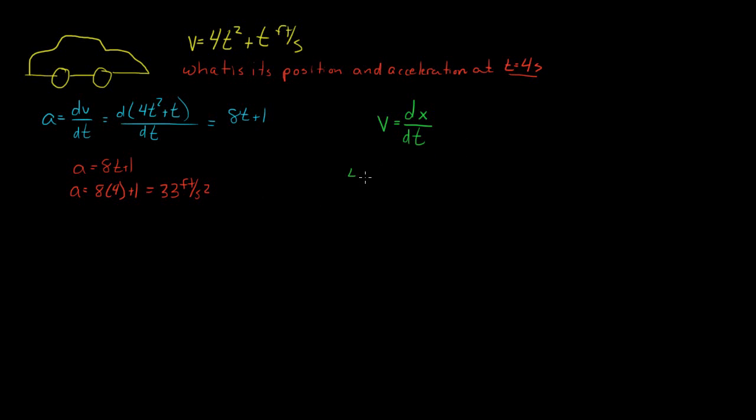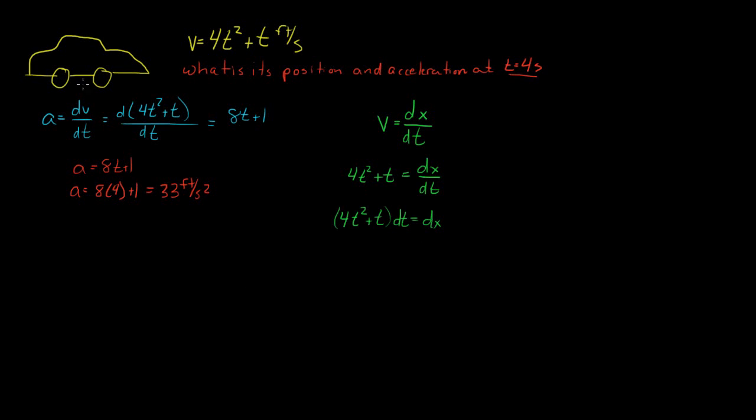We know velocity is equal to 4t squared plus t, and this is equal to dx dt. We can separate our variables, and we can integrate. So we get 4t squared plus t times dt is equal to dx.